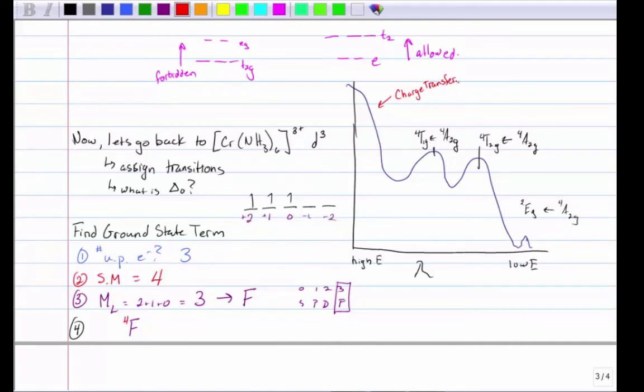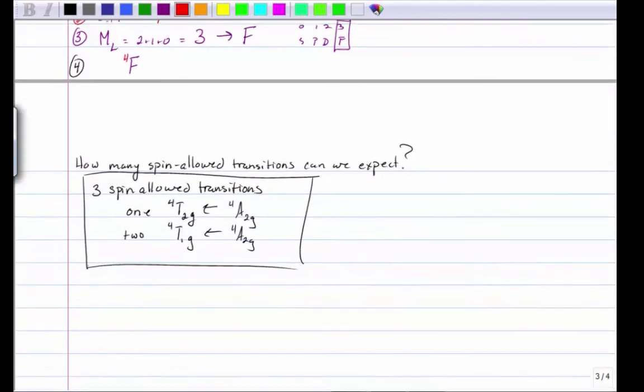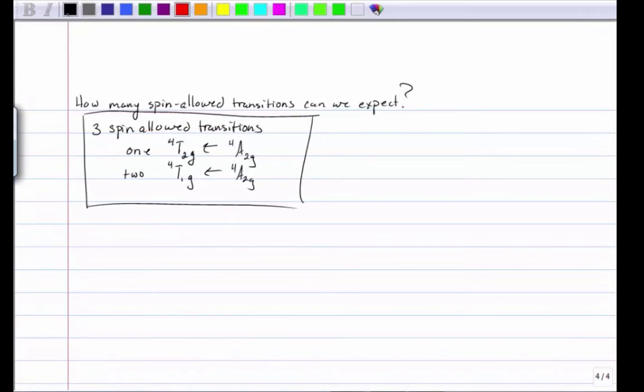The charge transfers are always more intense than the D to D. So if you have a dark complex, like a solution of a metal ion that's really intensely colored, it may be that it's got a lot of allowed D to D transitions, but it may also be that there's a charge transfer transition, which is different than the ones that we've been talking about so far. So let me ask you a question first related to the energies of these transitions.